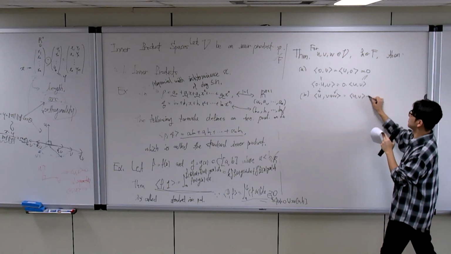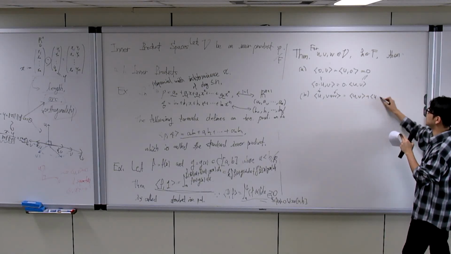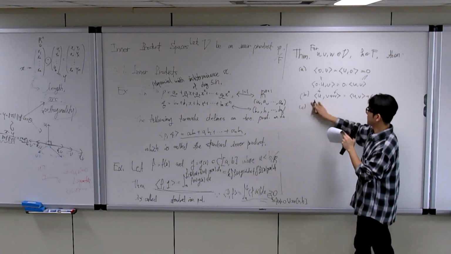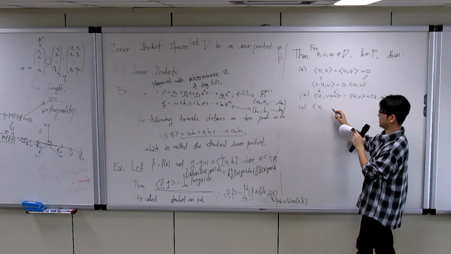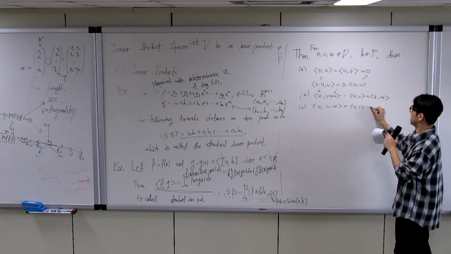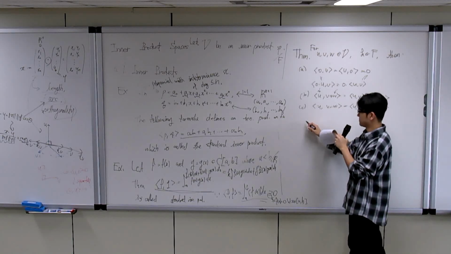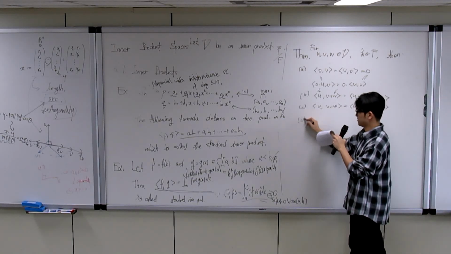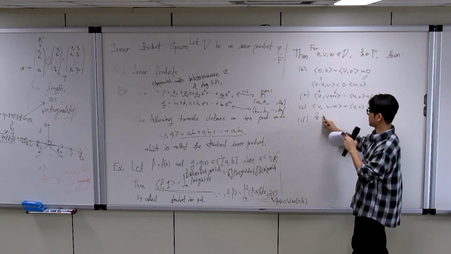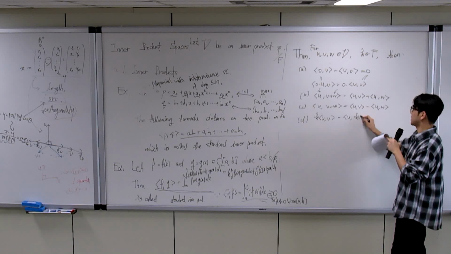So it applies to u, v plus w: the addition gives (u,v) plus (u,w), and also the scaling; the minus case is also the same, and the scaling case is also the same. k inner product (u,v) is equal to u inner product kv.